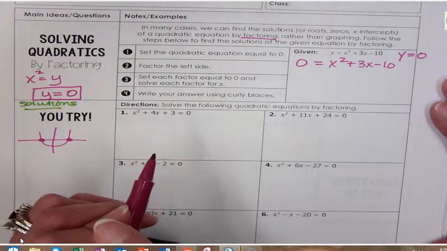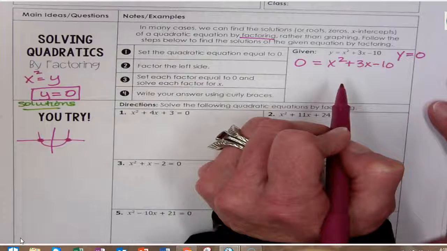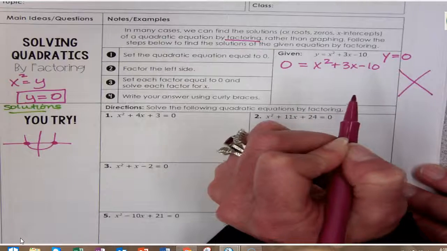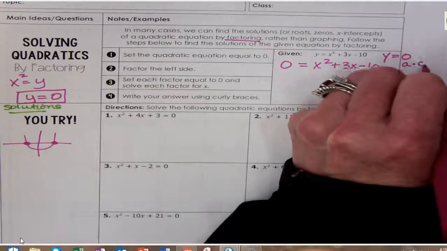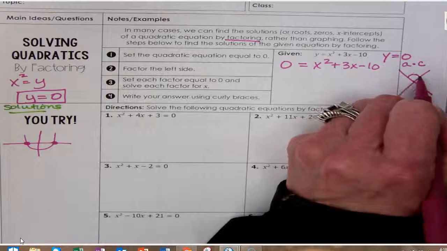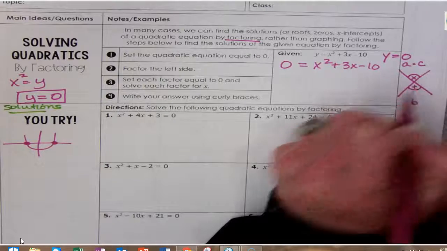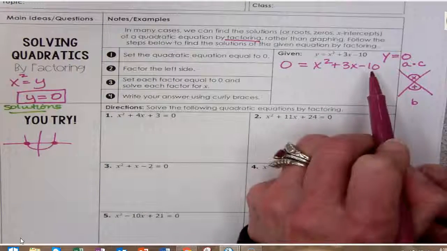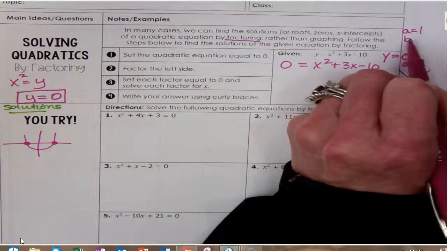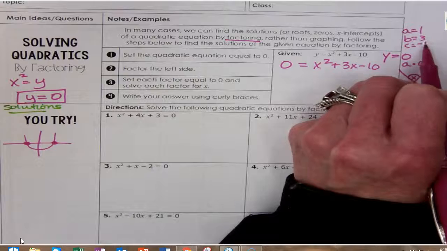Okay, and I told you guys that when you have trinomials, what I like to do first is I like to use that big X. And I put my A times my C in the top, my B in the bottom, and then the numbers that multiply to get me A times C go on either side and add to give me B. So I'm looking at this and I see that my A equals 1, my B equals 3, my C equals negative 10.